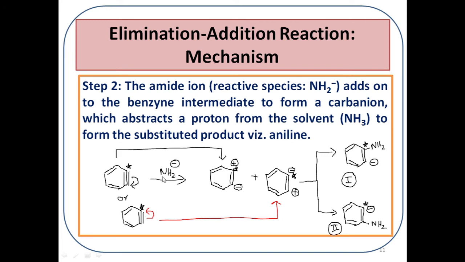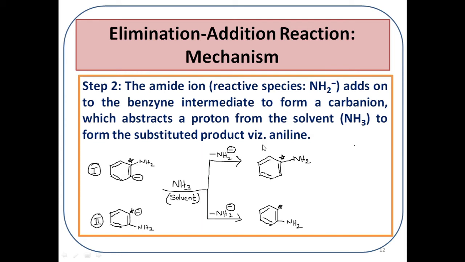Or NH2 minus can also be added to the benzyne intermediate as shown by the red arrow, and therefore we will get two types of products, and this results in the carbanion 1 and 2 respectively. This carbanion will abstract a proton from the solvent to give the substituted product. This has a minus charge.